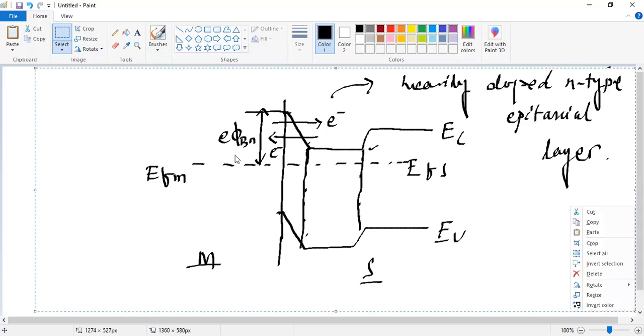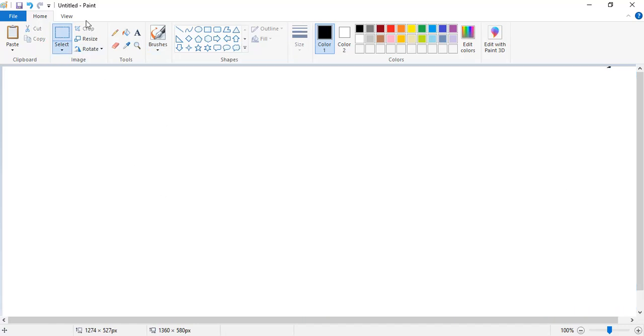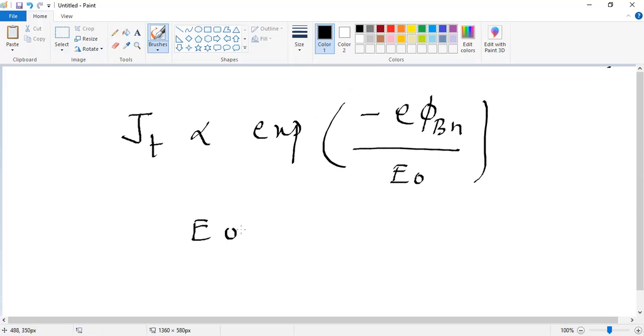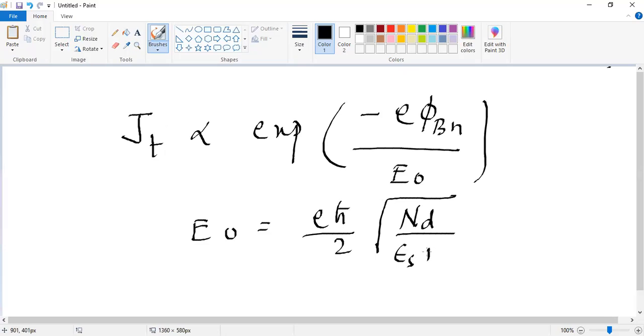The expression for the tunneling current density is proportional to exp(−qφBn/E0), where the barrier height is from the metal to the semiconductor side, and E0 is qħ/2 times the square root of Nd divided by εs, the semiconductor permittivity, and m_n*, the effective mass of the electron.